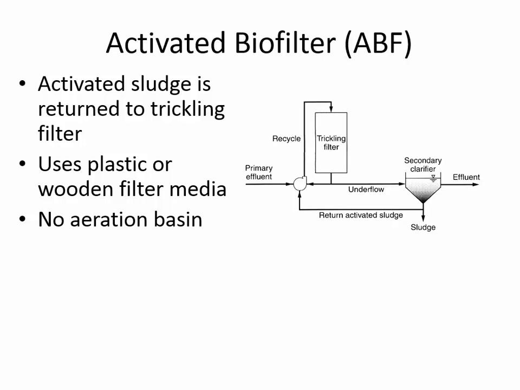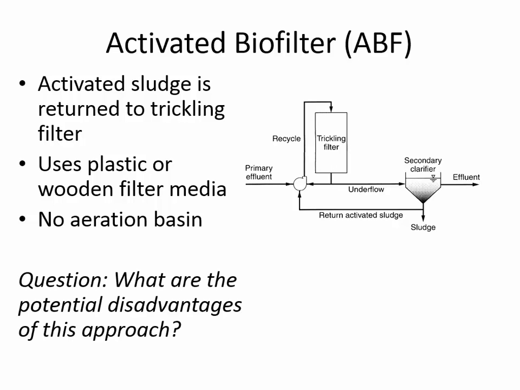But the book does mention that sometimes they have activated biofilters where the sludge itself is introduced into the trickling filter, and the filter media has to be pretty big in order to accommodate sludge accompanying the primary effluent into the trickling filter. And so there is a specialized wooden filter media that's sometimes used, or if they use plastic media, it would have to have pretty large void spaces so that the sludge doesn't clog the activated biofilter.